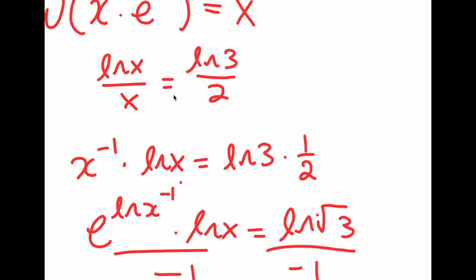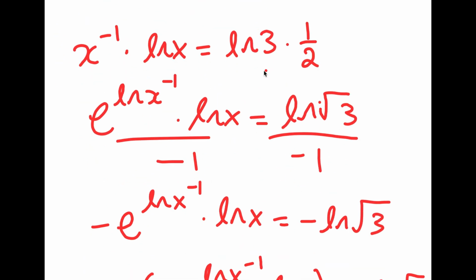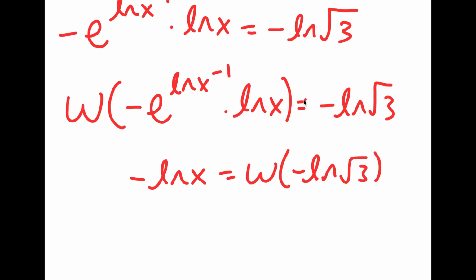And now this is in the form W of x times e to the power of x. So this is simply equal to x, or in this case, negative ln x, which is equal to W of negative ln root 3. Because remember, we took the W on both sides.